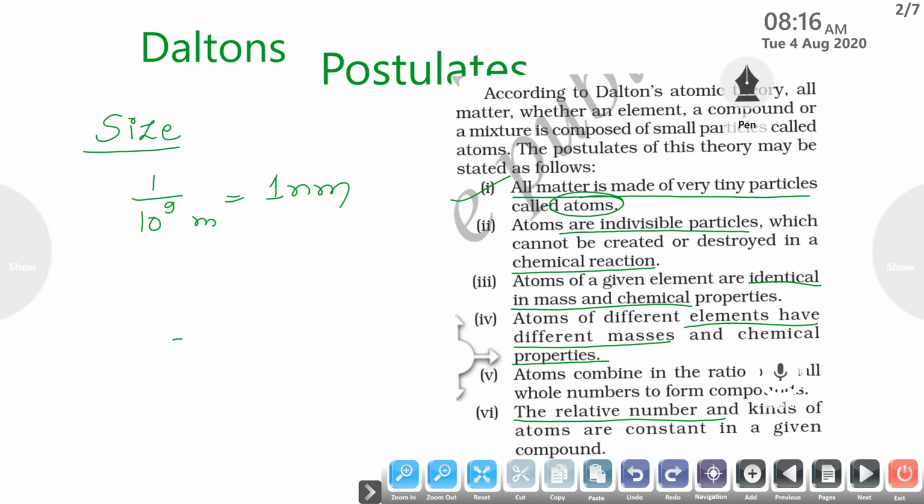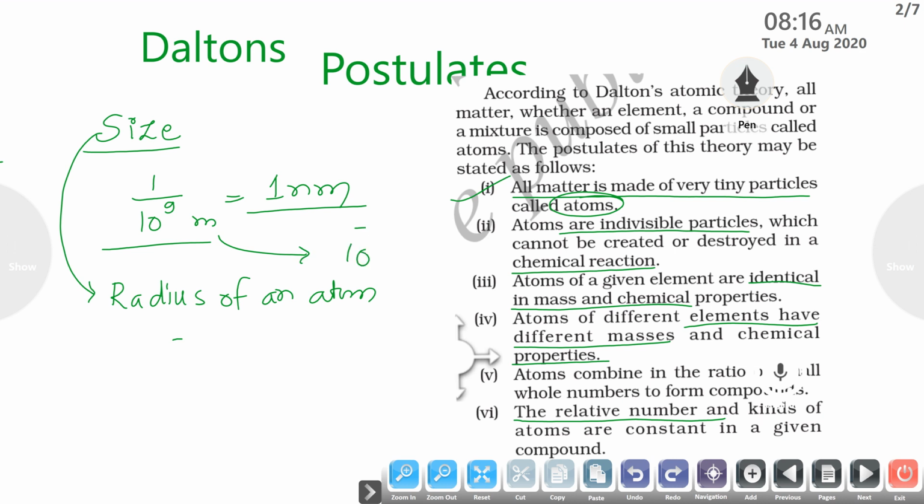So we can measure the size of the atom by the radius of an atom. Here, the radius of an atom is 1 nanometer, that is, the value of 1 nanometer is 1 divided by 10 to the power of 9 meter, or we will write it as 10 to the power of minus 9 meter. So, this is the value of the size of the atom or atomic radius.